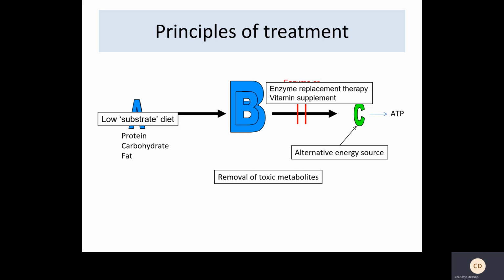And that's a strategy particularly used in the amino acid disorders. The best known example of that is in PKU, or phenylketonuria, where a very low protein diet means a very low intake of phenylalanine, which has really transformed the outlook for patients born with PKU, and much more about that later in the course.